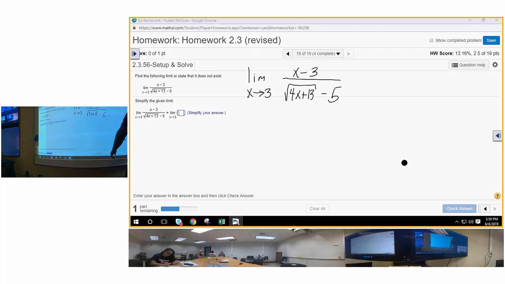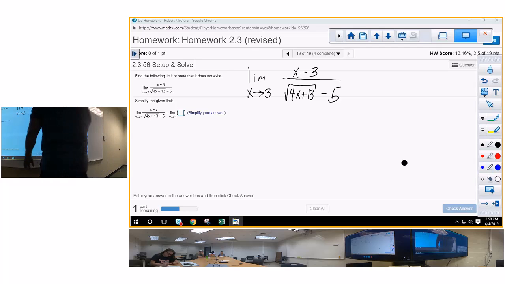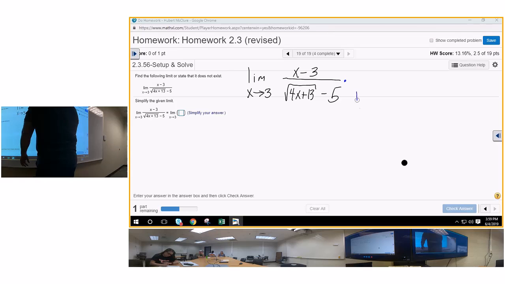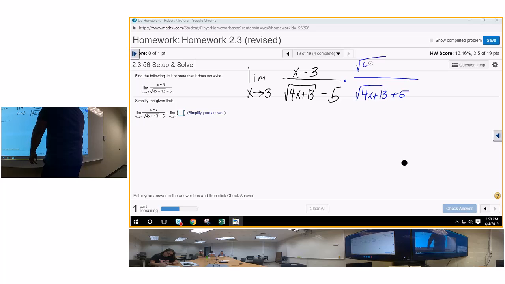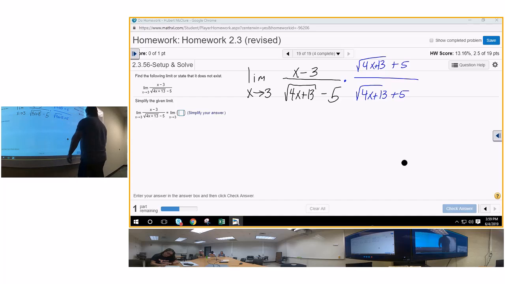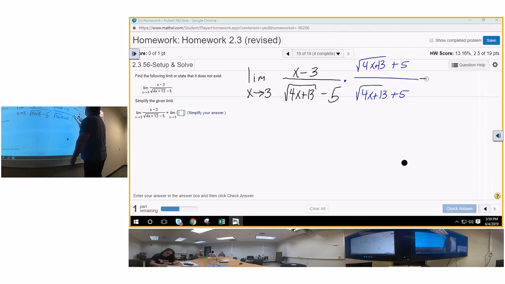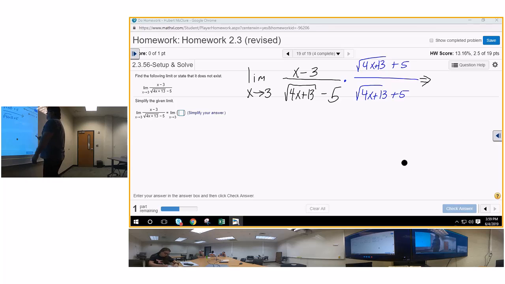So I'm going to take my handy dandy blue and multiply by the square root of 4x plus 13 plus 5, over the square root of 4x plus 13 plus 5. And on the bottom, I'll use my trusty parentheses, although there are some students that don't need them. You figure that out.